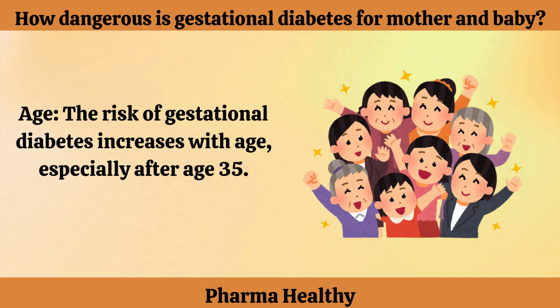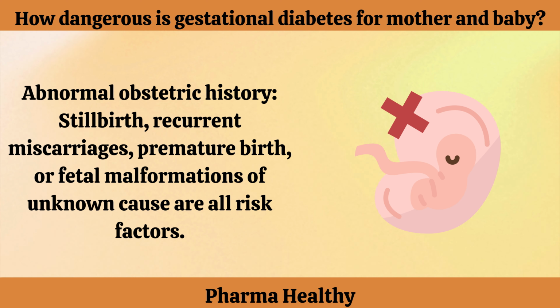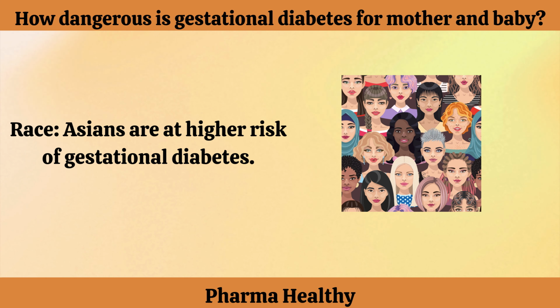Age. The risk of gestational diabetes increases with age, especially after age 35. Abnormal obstetric history, stillbirth, recurrent miscarriages, premature birth, or fetal malformations of unknown cause are all risk factors. Race. Asians are at higher risk of gestational diabetes.